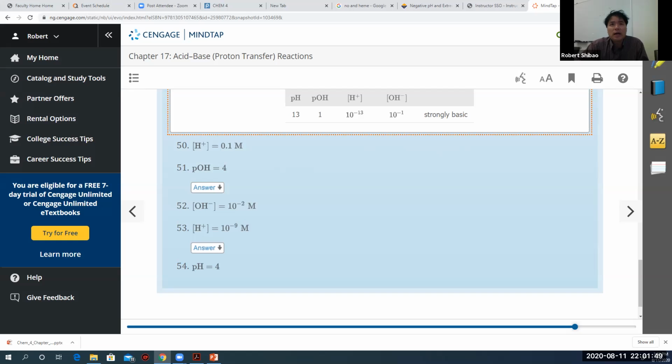So if the pOH is 4, then that means the pH must be 10. 10 plus 4 gives us 14. And so if the pOH is 4, the OH minus concentration is 10 to the minus 4 molar. And if the pH is 10, the H plus concentration is 10 to the minus 10 molar. 10 to the minus 4 times 10 to the minus 10 gives us 10 to the minus 14, which is Kw.